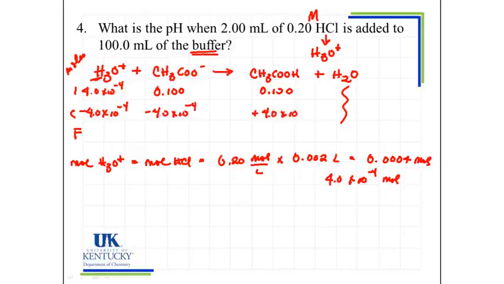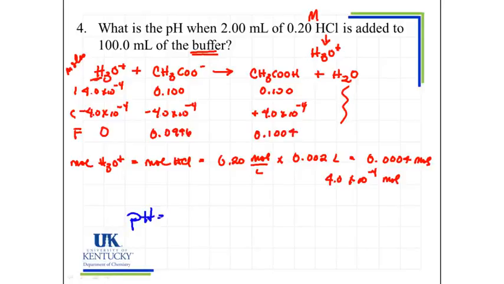This represents the reaction actually happening until I use up all of the added acid. That's the reason a buffer works. We are neutralizing, reacting out, consuming all of that added strong acid. But that does change the amount of the buffer components. So this is going to drop down to 0.0996. This is going to be increased to 0.1004. And we're ready now again to use the Henderson-Hasselbalch equation.